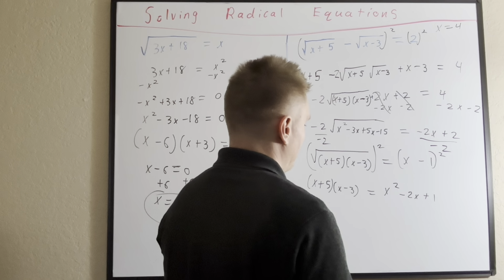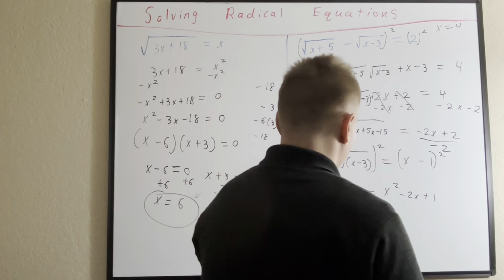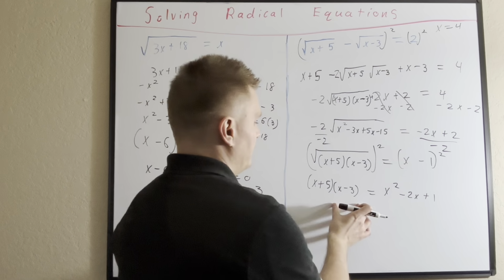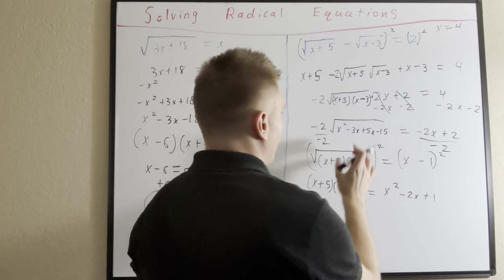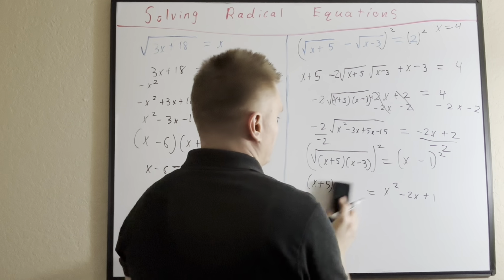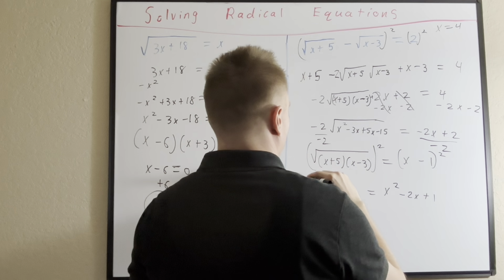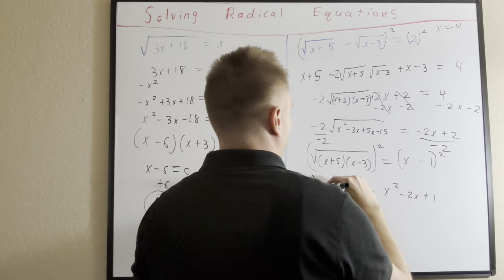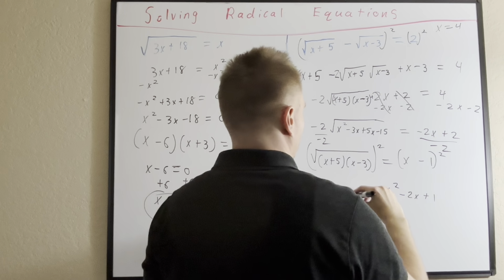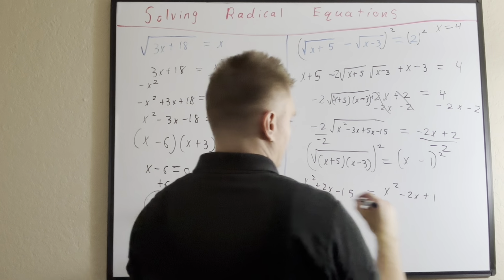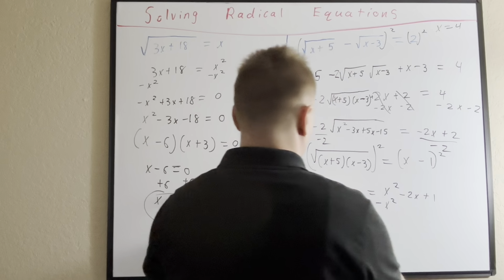Wow. I could FOIL this out and then combine like terms again. So what was it? Maybe it was an advantage to leave it like this. x squared plus 2x minus 15. Subtract x squared from both sides.